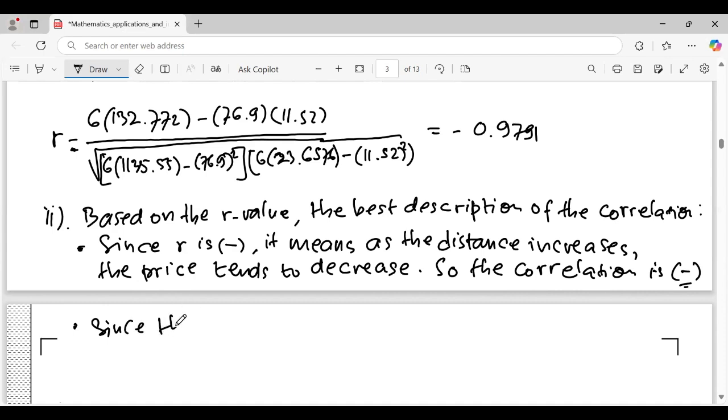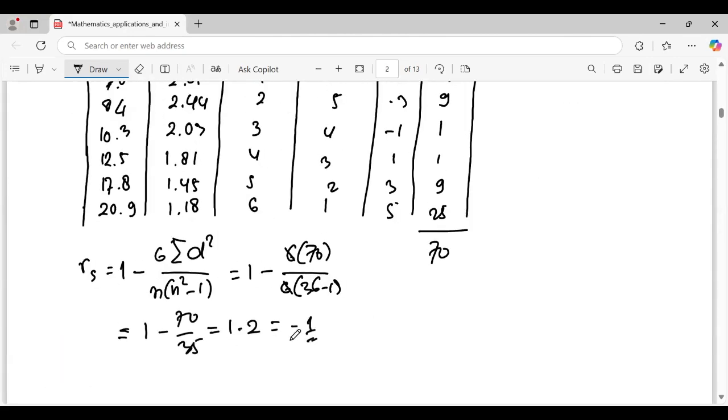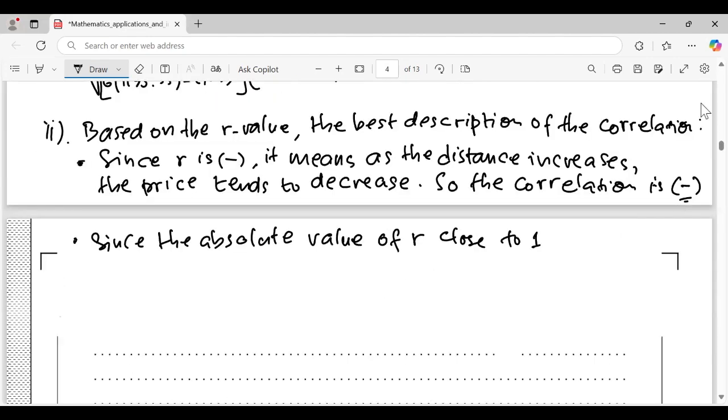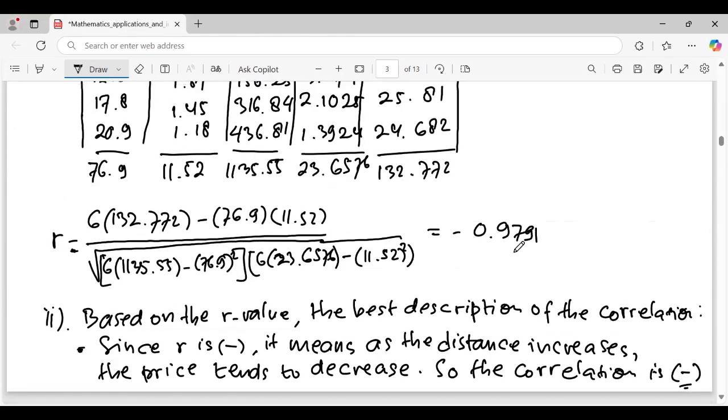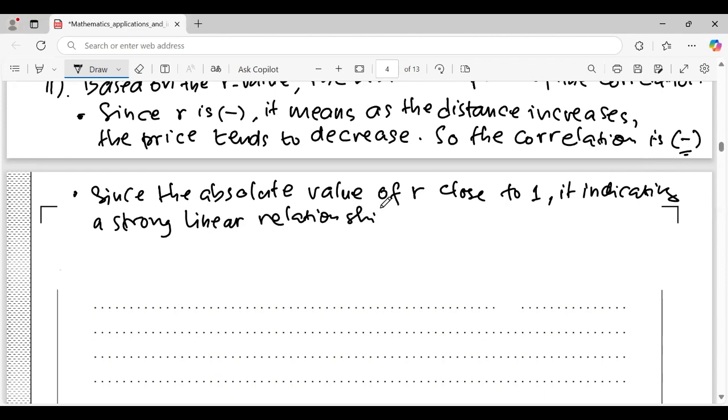Second, since the absolute value of r is close to 1, close to minus 0.9791, close to 1 even though it is minus, it is indicating a strong linear relationship if close to 1.